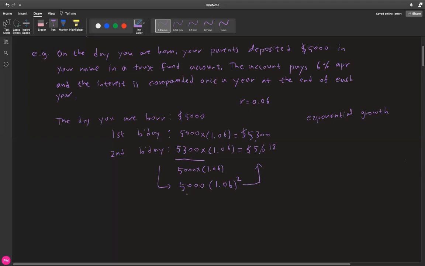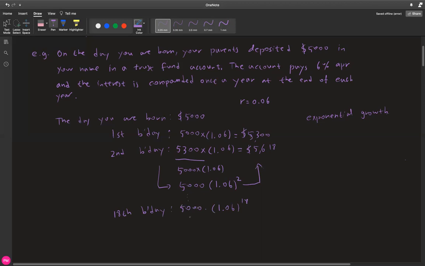So let's use that logic and let's go over to your 18th birthday. So on your 18th birthday, if you use the same logic, it's going to be $5,000, the initial amount, multiplied by 1.06 to the power of 18.